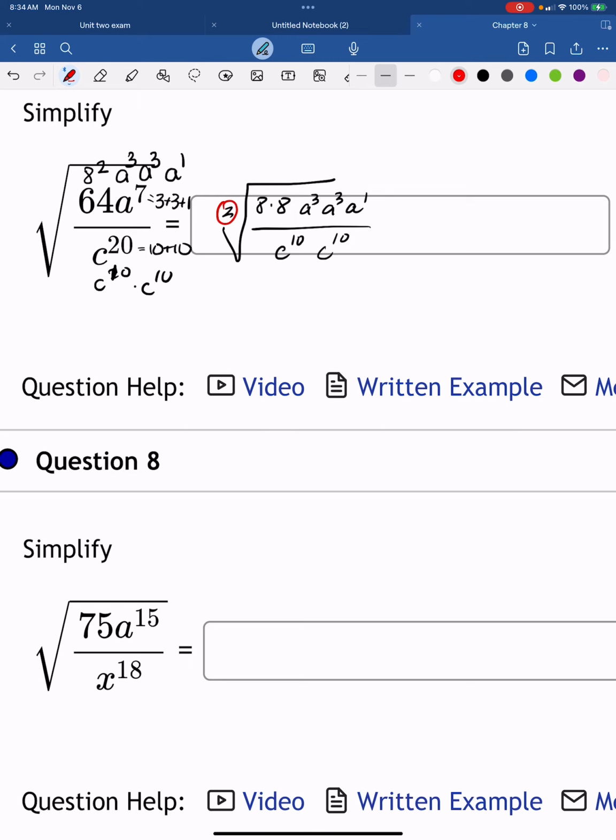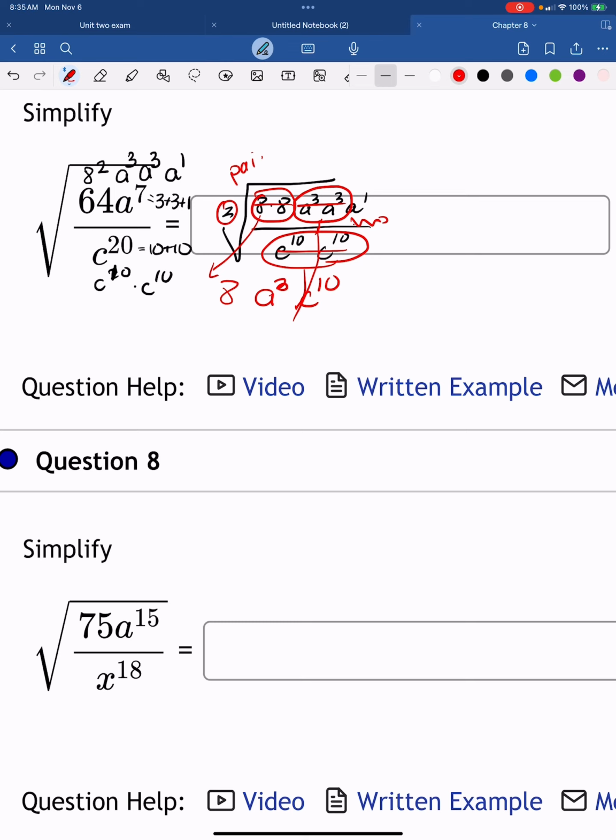Because it's square, we're pulling out pairs. So we have 2a to the 3rds, and we have 2c to the 10ths. And we're just left with a single a here.